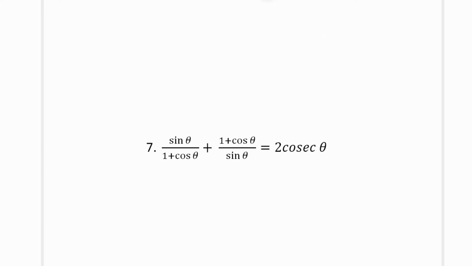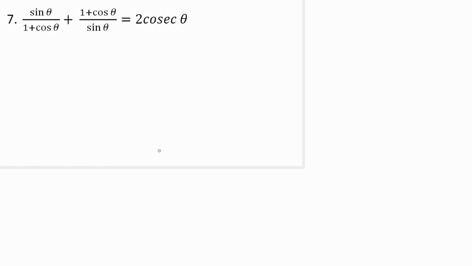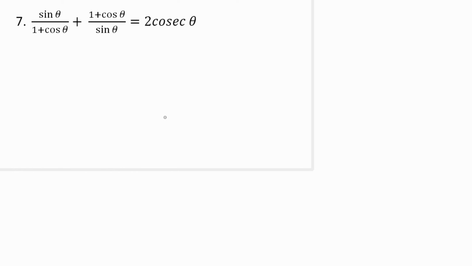Okay. Now in this question, we can see they have different denominators, and the question is already in sin and cos. So we'll simply take the LCM of the denominators for the left hand side and then see what happens. We will make the denominator same.